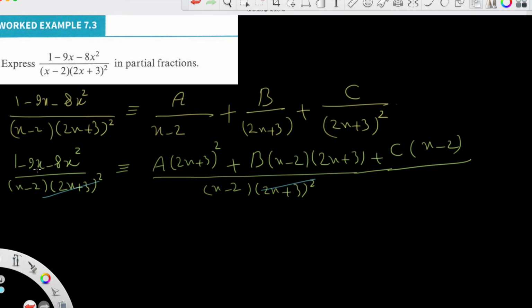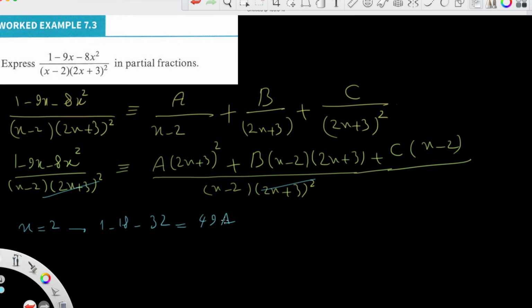Now we have 1 minus 9x minus 8x squared is equal to a times 2x plus 3 squared plus b times x minus 2 times 2x plus 3 and plus c times x minus 2. And now we can first eliminate these two: if you replace x by 2, on the left hand side it will be 1 minus 18 minus 32, which is equal to, the other terms will be 0, so it will be 2 times 2, 4, plus 3, 7 squared, it will be 49a.